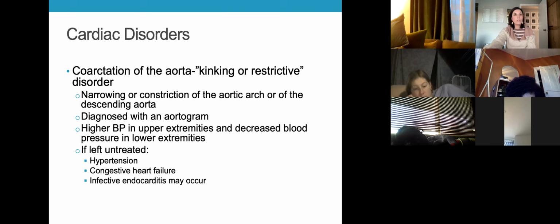You can notice clinically higher blood pressures in your upper extremities and decreased blood pressures in your lower extremities because your lower extremities aren't getting as much blood because they're on the other end of that kink. So if left untreated, you can end up with hypertension, congestive heart failure, and infective endocarditis.